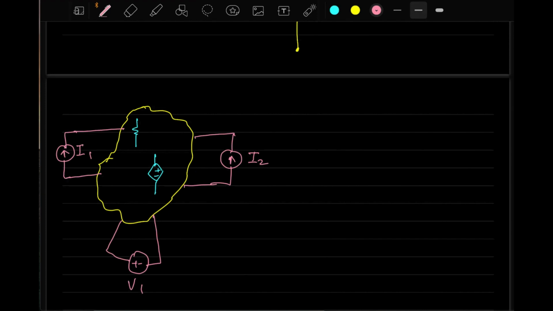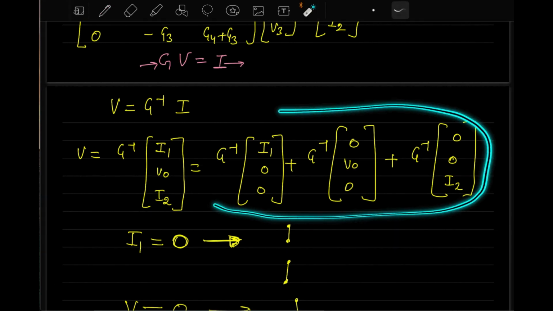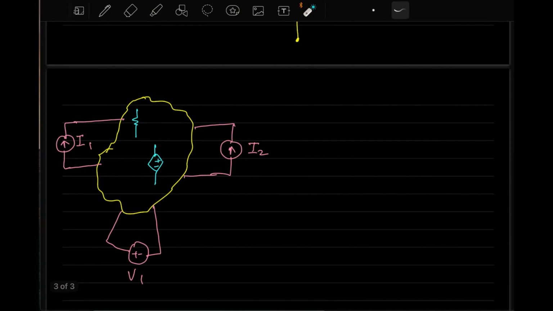What this expression says is that solving this circuit through nodal analysis, which you have already done many times, is equal to solving the same circuit three times.